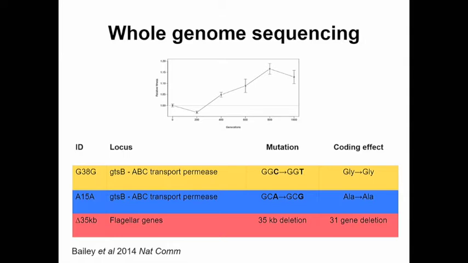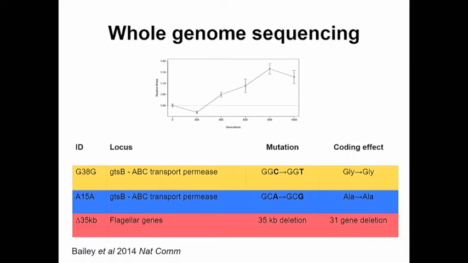This happens very often, that we see the rapid loss of motility in these organisms. They don't need to move around anymore. They're just being well mixed, and it's costly for them to be able to move around.